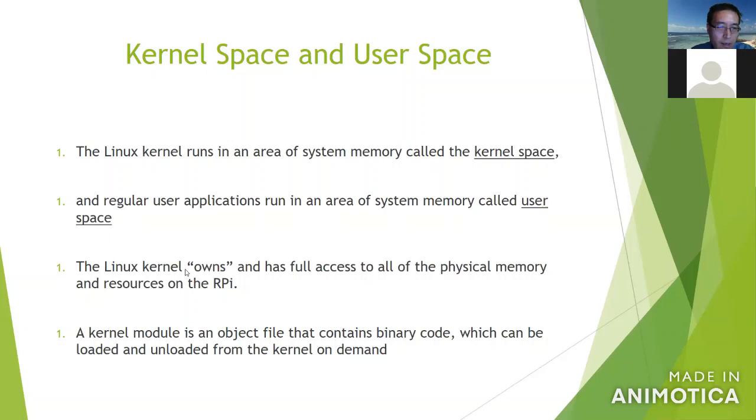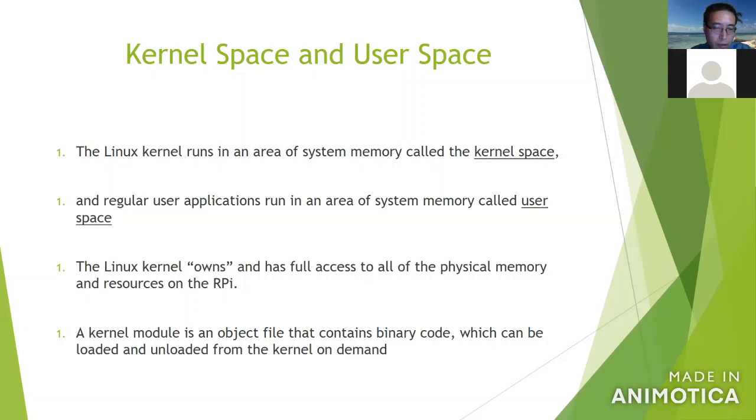Okay, so the Linux kernel actually owns and has full access to all of the physical memory and resources on the Raspberry Pi, because we know the Linux kernel is the operating system programs. Okay, so that's definitely it controls the whole system. Definitely it can access anywhere.